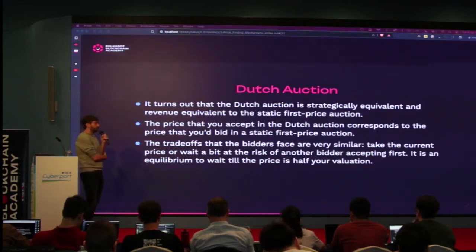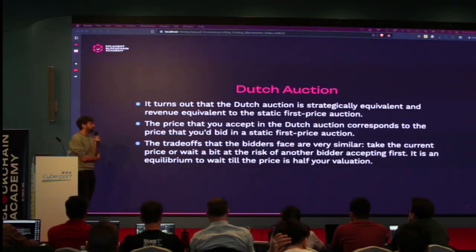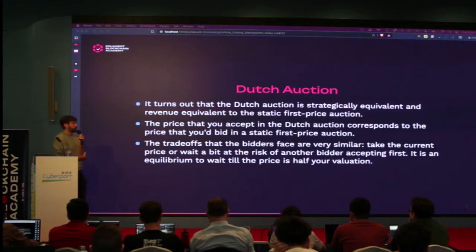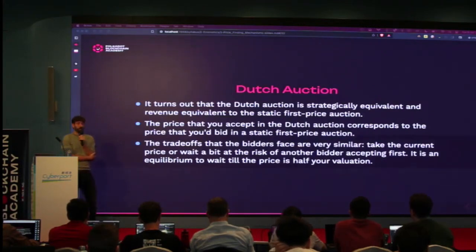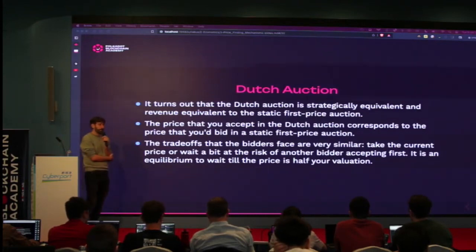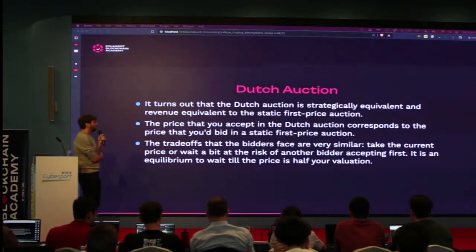So if we do this analysis, it also turns out that the Dutch auction is strategically equivalent and revenue equivalent to the static first price auction. Strategically equivalent because they are essentially the same, just under a different code.